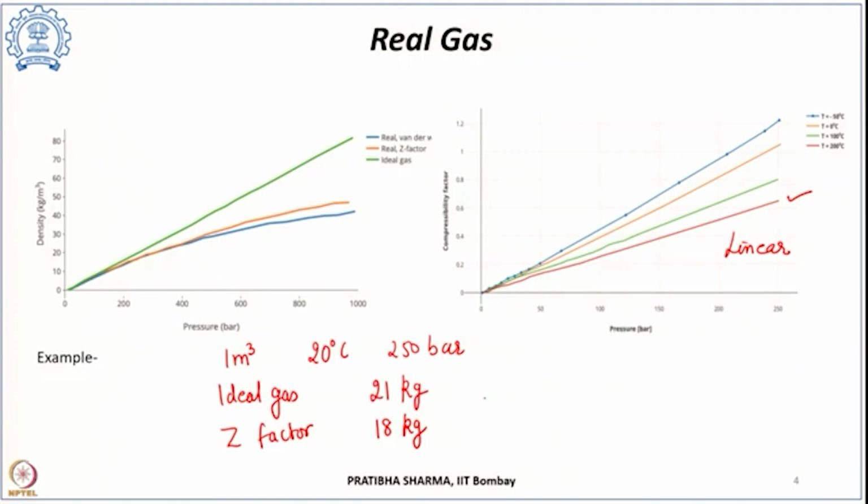So that means if we consider the ideal gas behavior, then we have overestimated the mass of hydrogen stored in that storage vessel by about 14%, and that tells us that under conditions of higher pressures we need to consider the real gas equation of state.